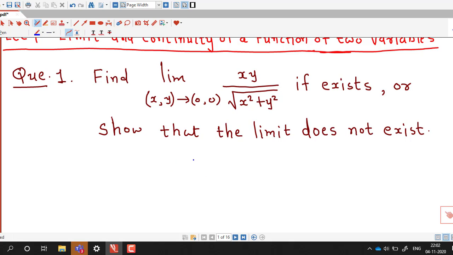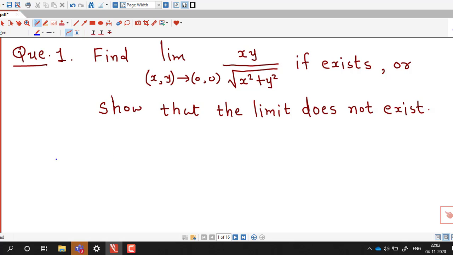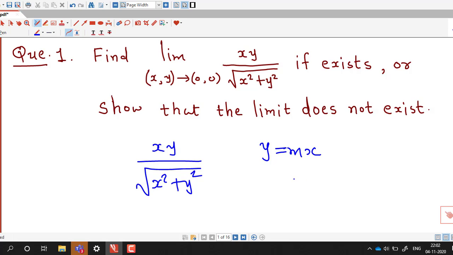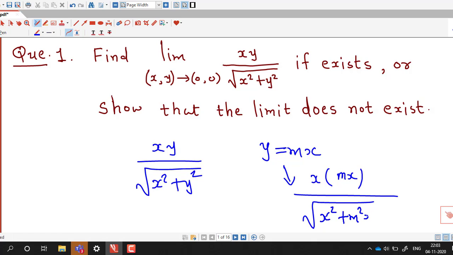So as usual we can check by putting different paths in the given function. Given function is xy over square root of x square plus y square. First we check along the lines passing through origin. If we put y equal to mx, we will have x times mx over x square plus m square x square.